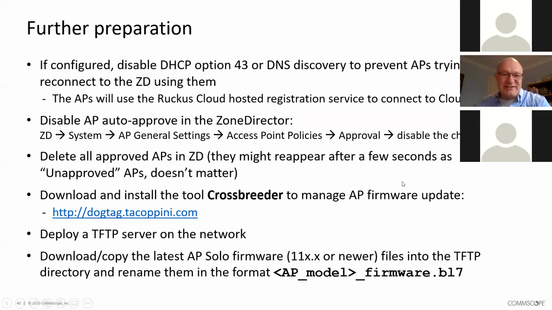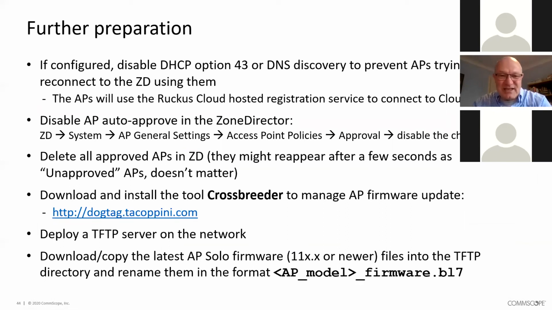Some of the things we need to do to be able to do this successfully: first of all, DHCP, we need to disable DHCP option 43. Generally on site, DHCP option 43 is the IP address of the local ZoneDirector, or it may be using DNS discovery as well.